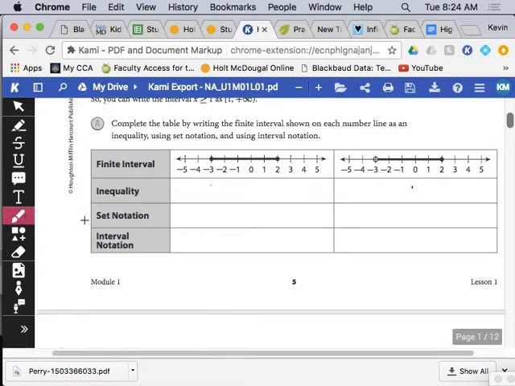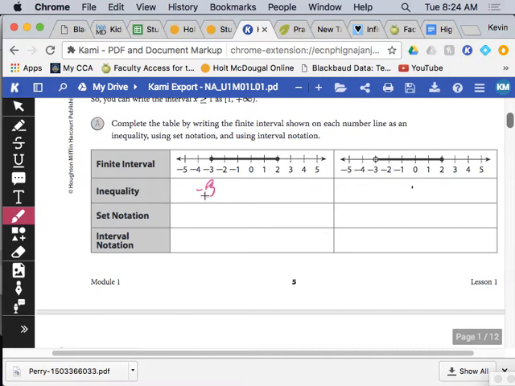We want to represent them with inequality, set notation, and interval notation. So we'll start with an inequality. Where does the interval start, class? Yes, Ethan, -3. So we know we're going to start at -3.